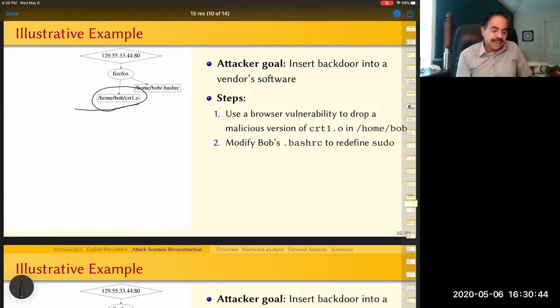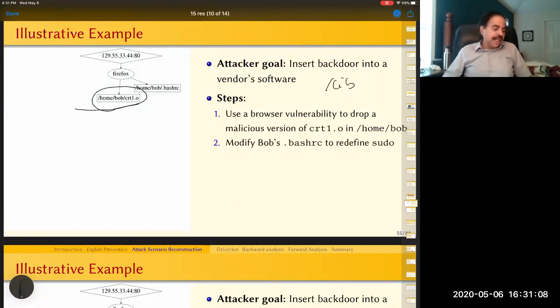In particular, it has to be installed in something like /lib or something like that. But in order to write into that directory, you need root privilege. And you can imagine that Bob won't be running Firefox as root. So even though Firefox has been compromised, it cannot write directly into that directory.